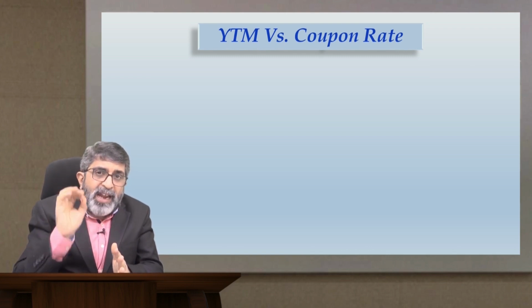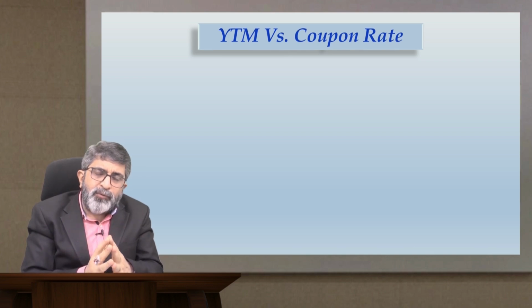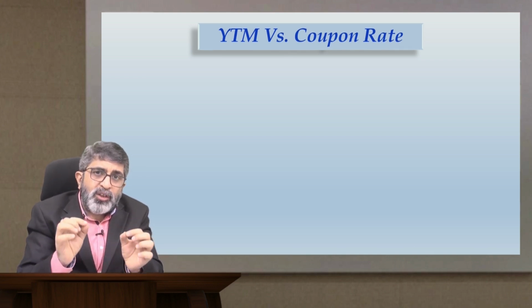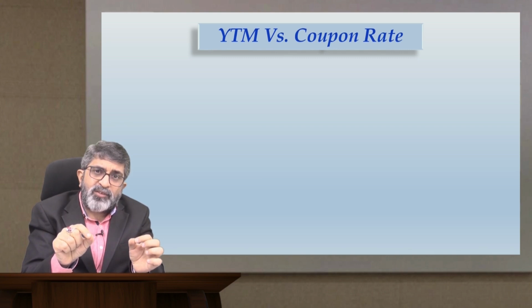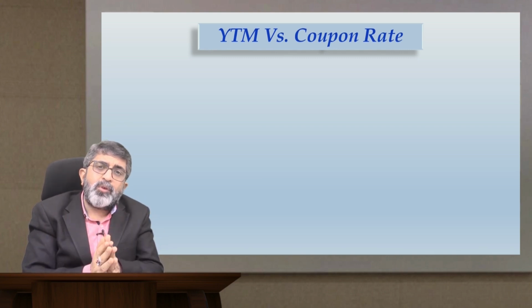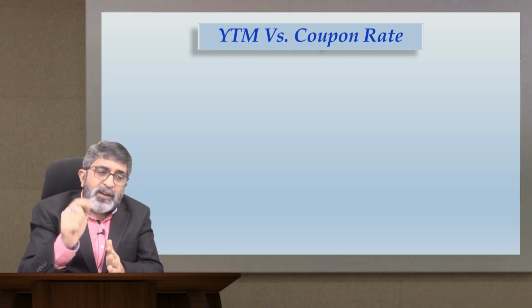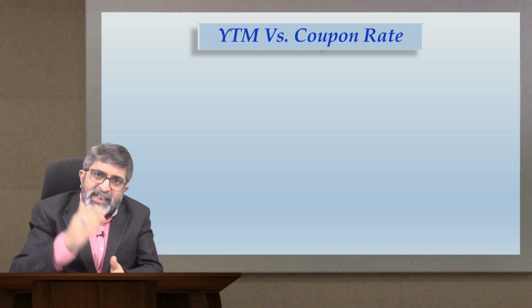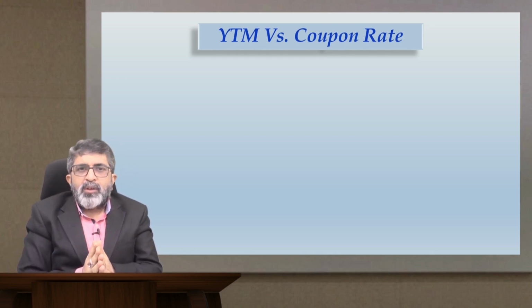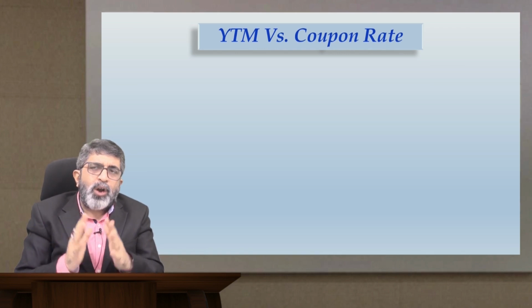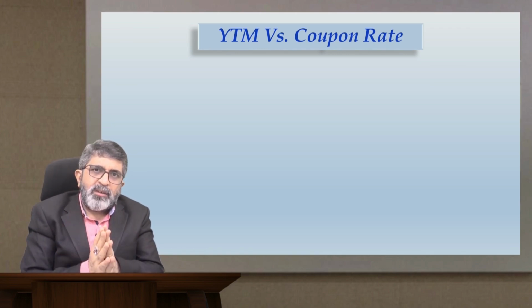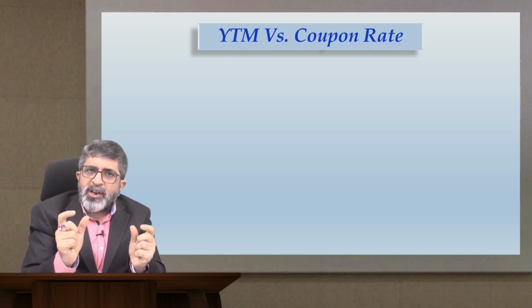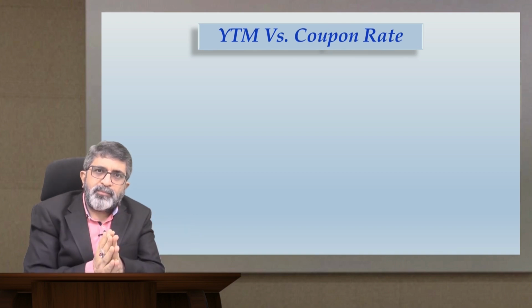Now, right now the focus for us is not the required rate of return by the investor against the coupon rate. We are in fact comparing the YTM with the coupon rate. So what would happen when YTM and coupon rate are exactly the same?